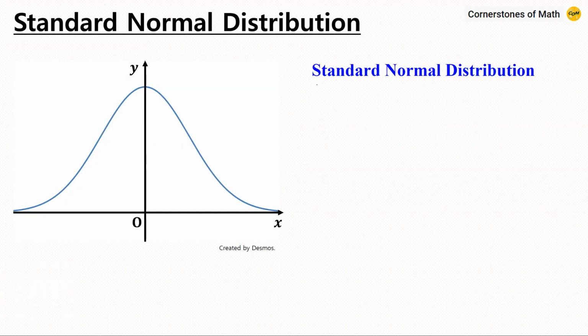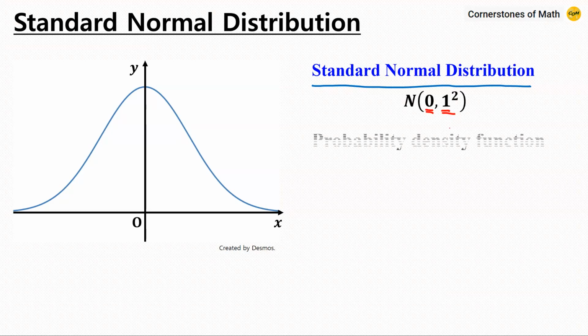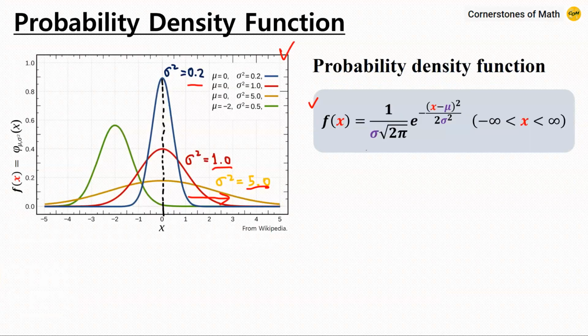Now there is a special kind of normal distribution called standard normal distribution. It is simply a normal distribution with mean 0 and standard deviation 1. Then what would be the probability density function for a standard normal distribution? Well, in this expression for the normal distribution, we can simply substitute mu equals 0 and sigma equals 1.